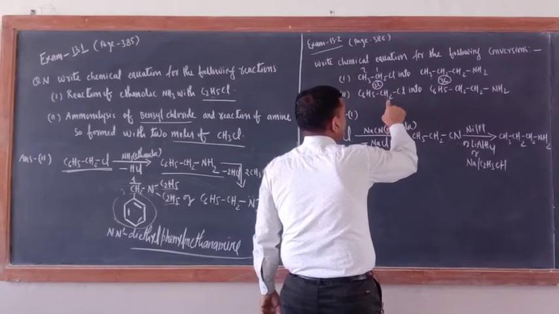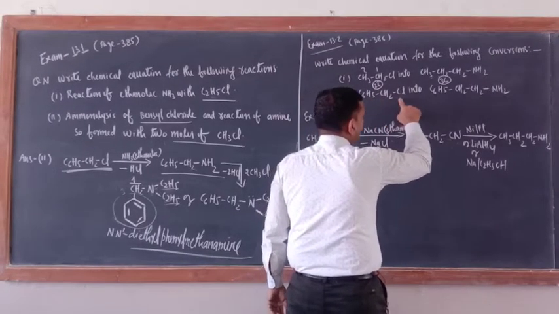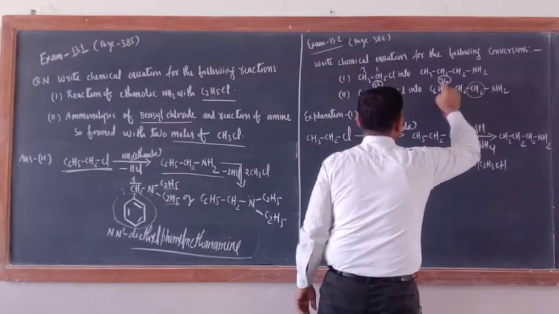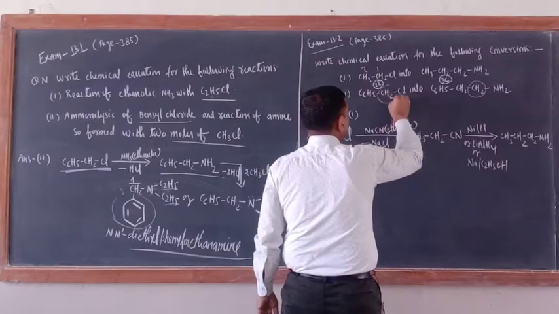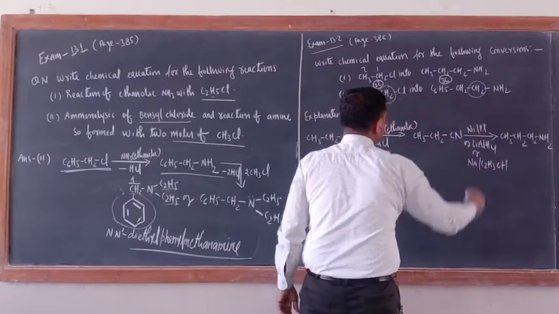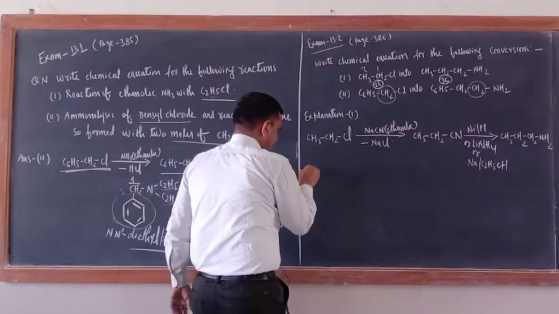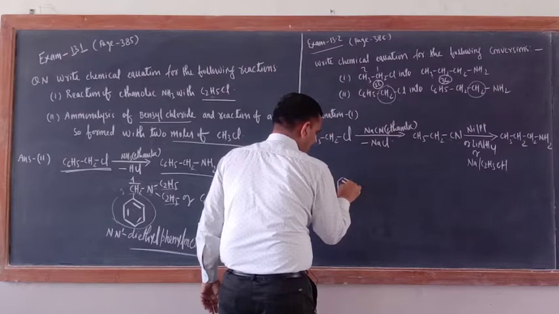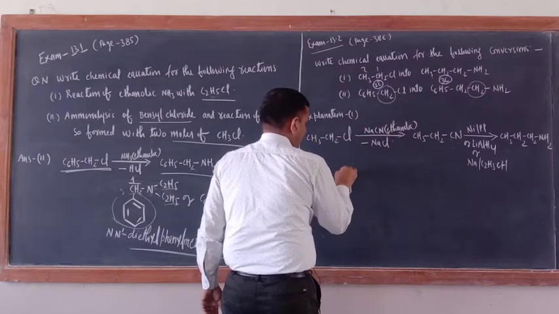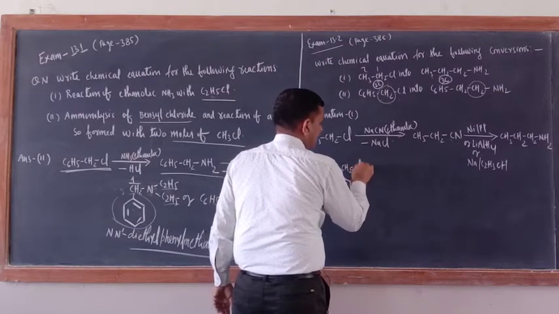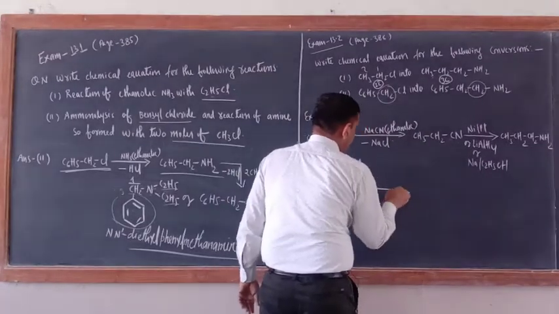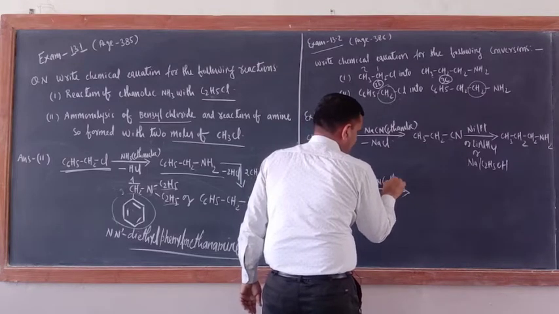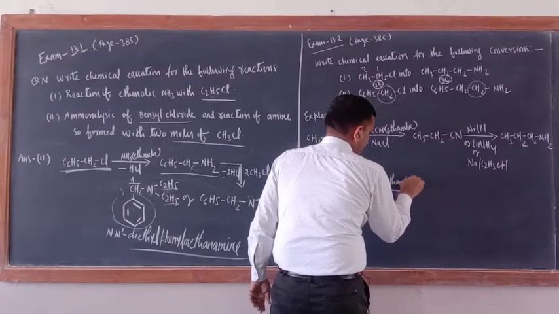Just see, here what is there? This is benzyl chloride. Now one CH2 group is increased. Here only one CH2 group is there, but here two CH2 groups are there. Don't worry, we'll do this one also. Simple. Now write down the structure like that. Here CH2Cl. First its reaction with NaCN, ethanolic.